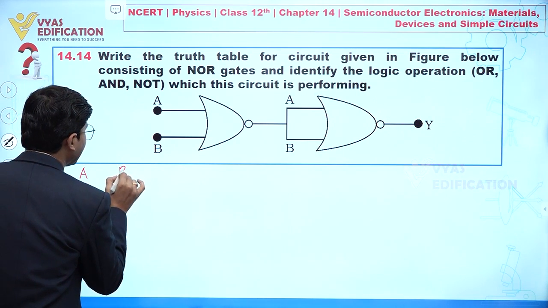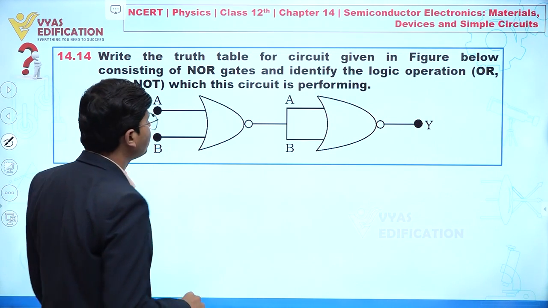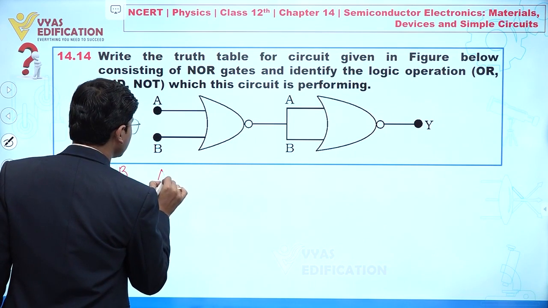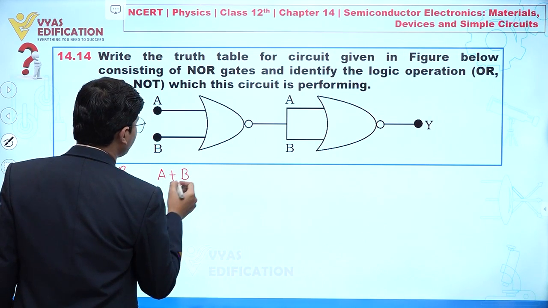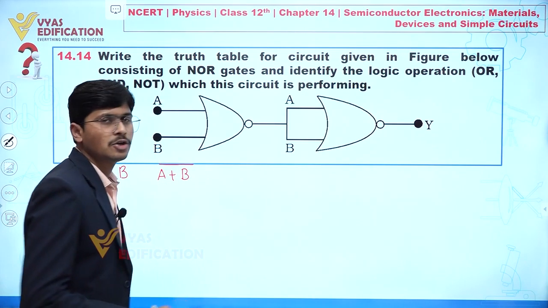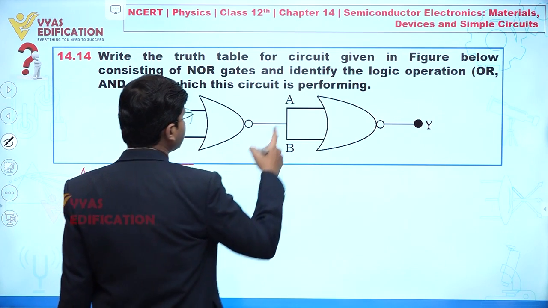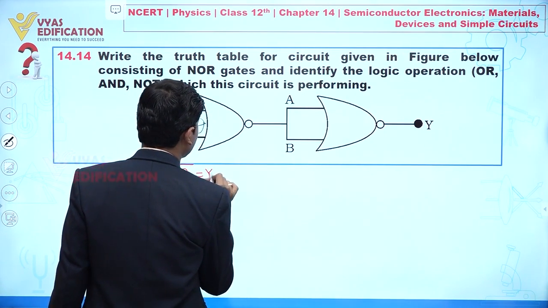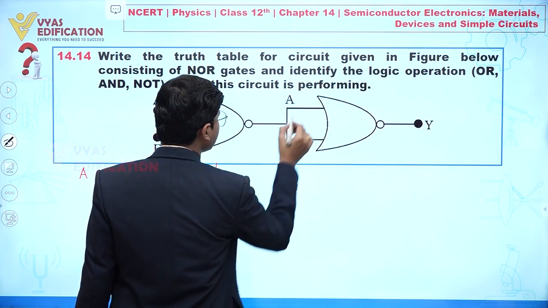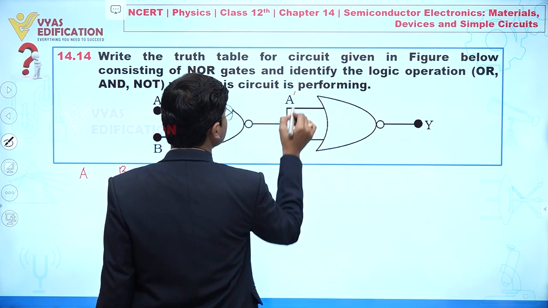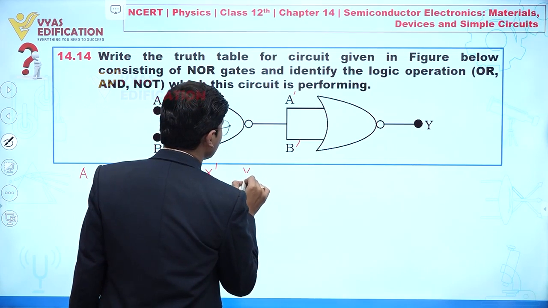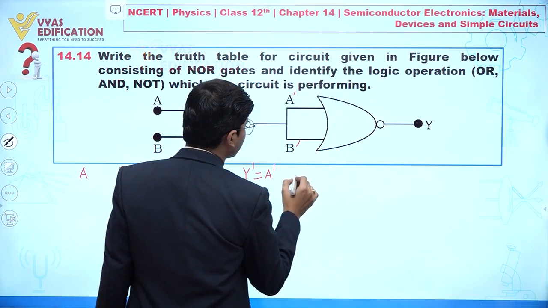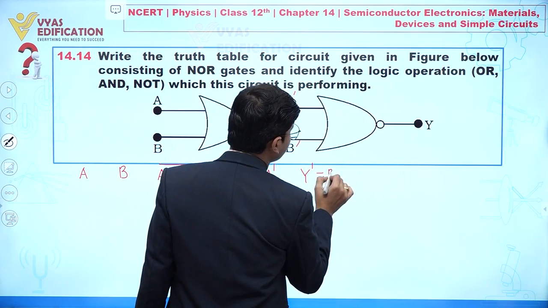I am saying these are A and B. Definitely we will first get A plus B, and this is NOR. After that, let's suppose this is Y dash. So I can say this is A dash and B dash. So Y dash is equal to A dash, and Y dash is equal to B dash.